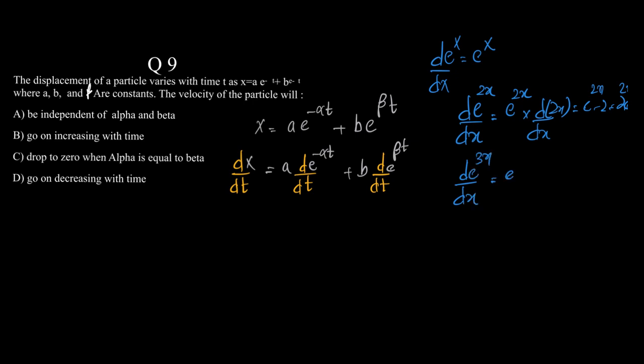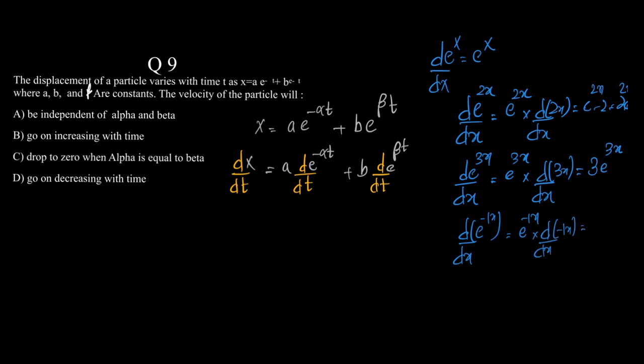It is equal to e raised to 3x into d by dx of 3x, which is equal to 3 e raised to 3x. One more, d by dx of e raised to minus 1x is equal to e raised to minus 1x into d by dx of minus 1x, which is equal to minus 1 into e raised to minus 1x. Right? So these 4 examples are enough to solve this question.